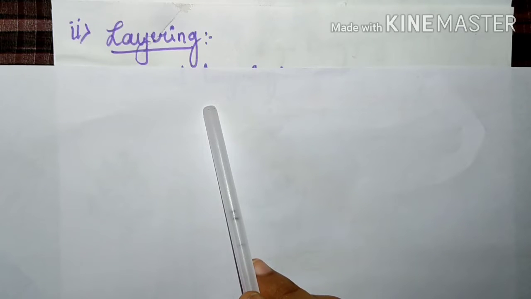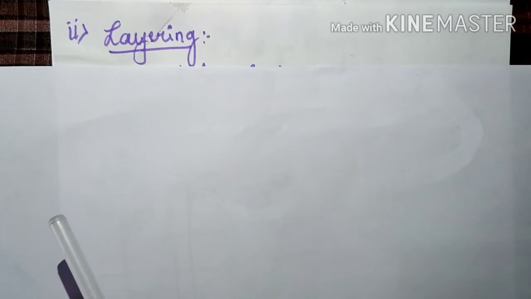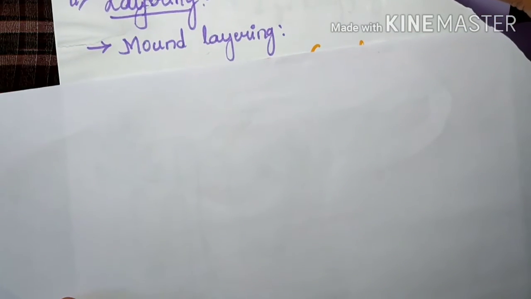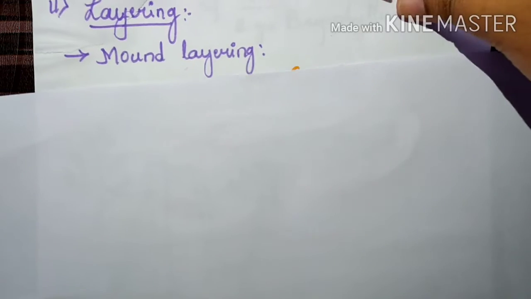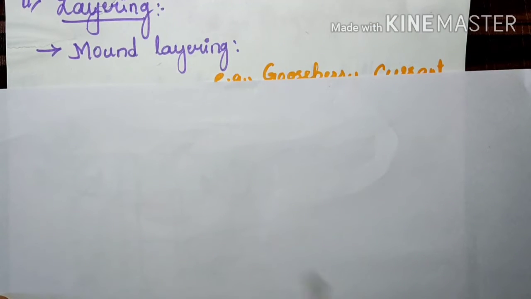The pegged down branch of the plant is called the layer. Once the roots develop, the layer is separated and planted. This is called layering. Layering can be seen in different types. The first one is mound layering.